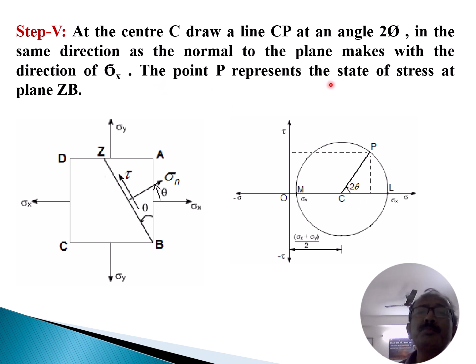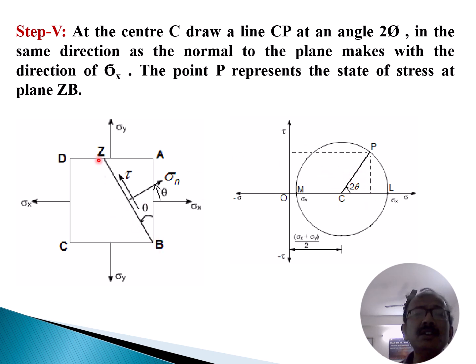The point P represents the state of stress at plane ZB. So this is the point P. The line at angle 2 theta will touch the circle at a point, and that is point P. At that point P, sigma is present and tau is also present. This is theta, and it is represented in the double fashion, that means 2 theta.